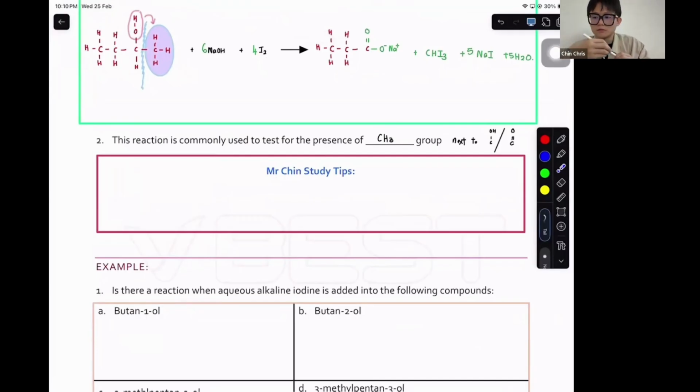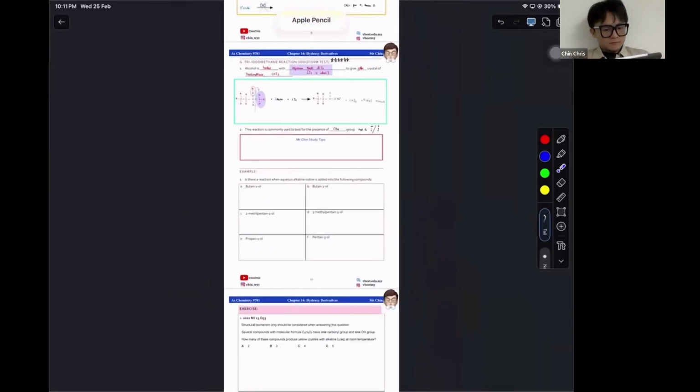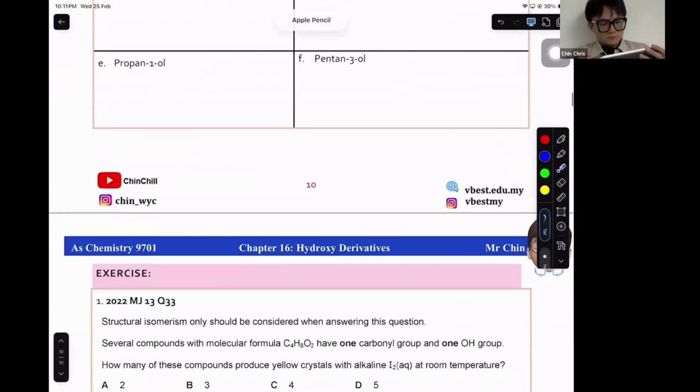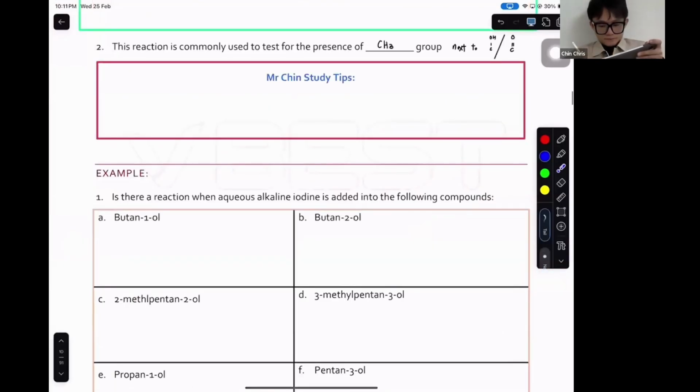Wait, what? Oh, it was working fine. What the? Alright, guys.